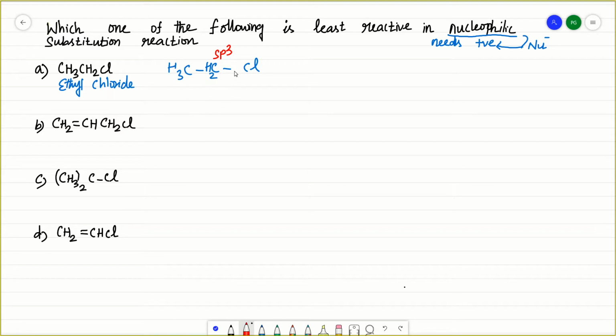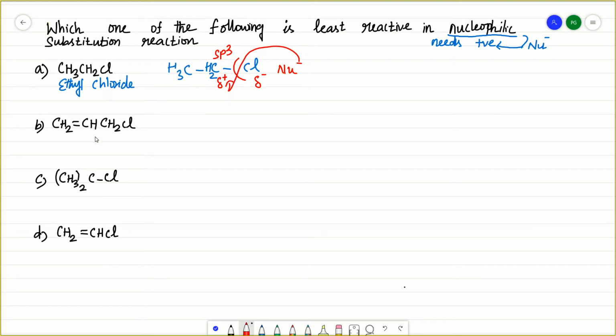So what happens? The chlorine will be easily removed. The carbon has a positive charge and any nucleophile, having negative charge, can come and attack the positive charge.